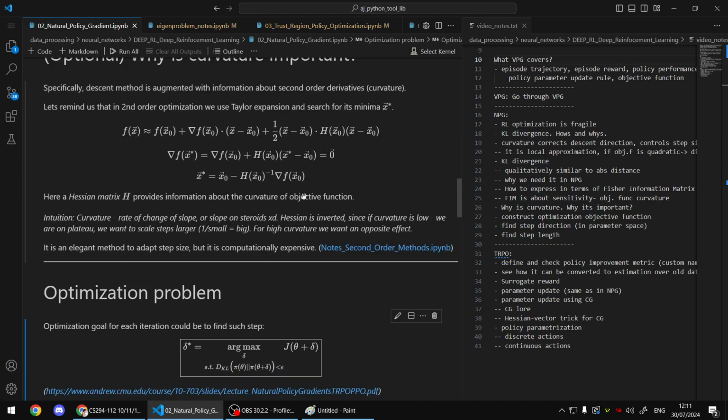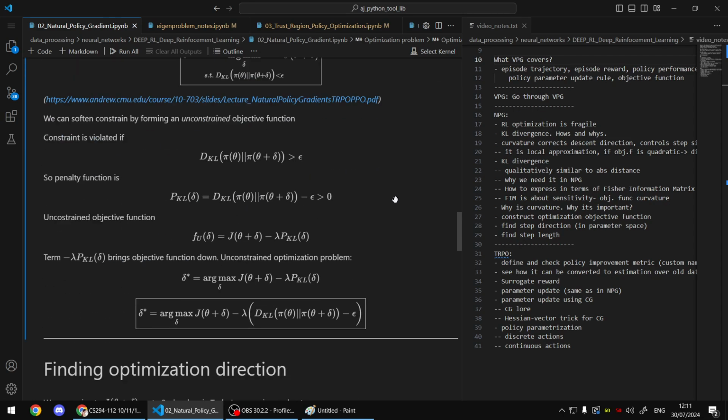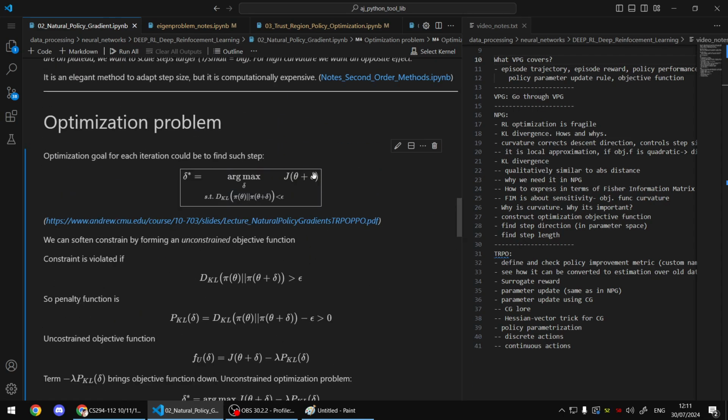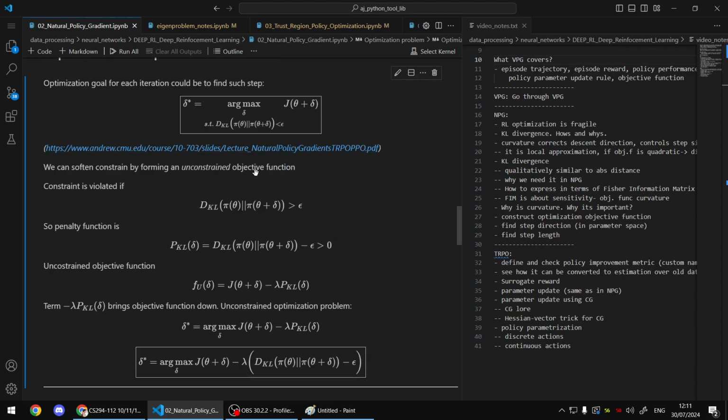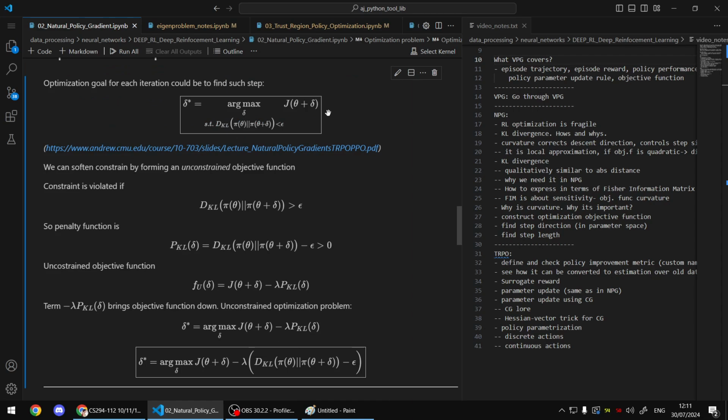I discussed why curvature is important: up till now we were using just the gradient, which is a first order method, and using some metric of curvature we can improve our convergence rate. Basically, we posed the optimization problem where this constraint was enforced, so by definition it couldn't be violated.